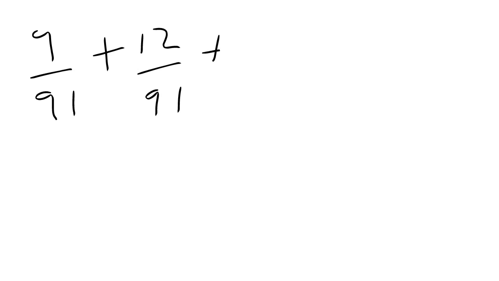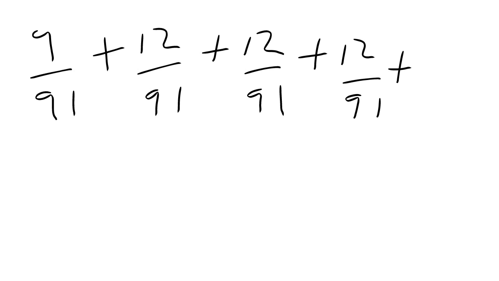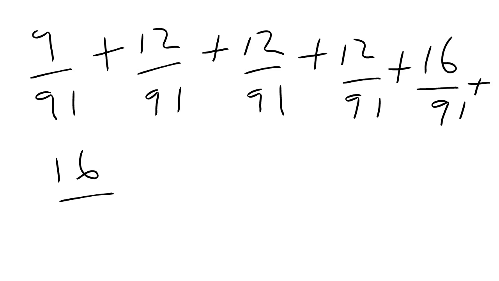Then after we simplify this, what we're going to have is 9 over 91 plus 12 over 91 plus 12 over 91 plus 12 over 91 plus 16 over 91 plus 16 over 91. Then when we add all these on top, we are going to have 77 over 91.